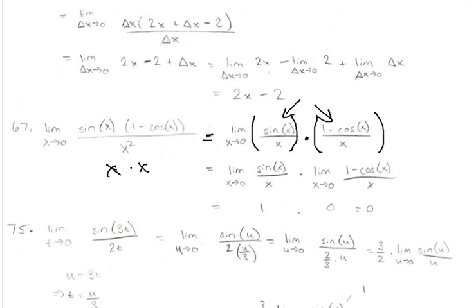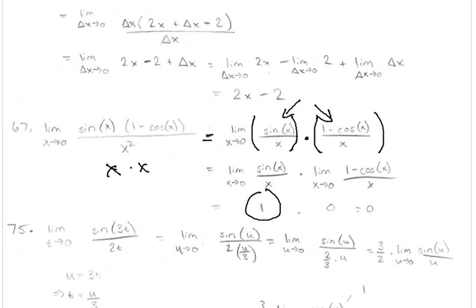So we know that if the limit exists for two separate functions, then we can multiply their limits together separately, right? So I know that the limit as x goes to 0 of sine of x over x goes to 1.